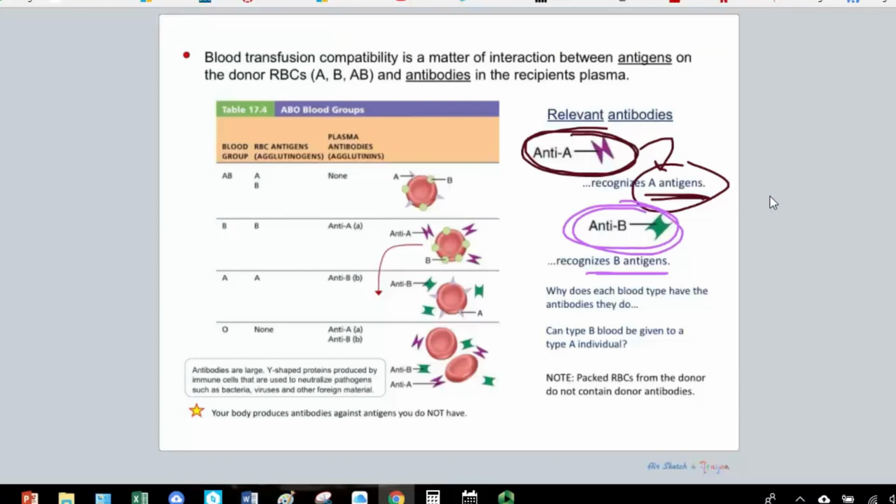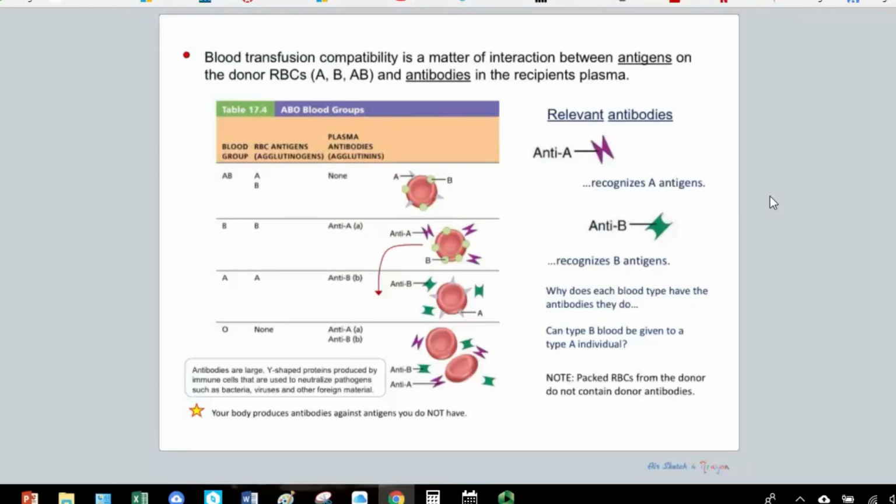Okay, so the next thing I want to do here is go through each of these different blood types and look at the different antibodies they have and ask ourselves, why does each blood type have the antibodies that they do?